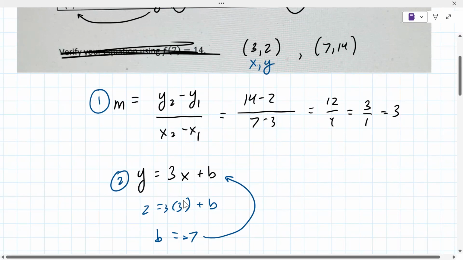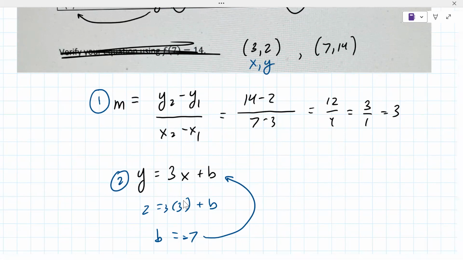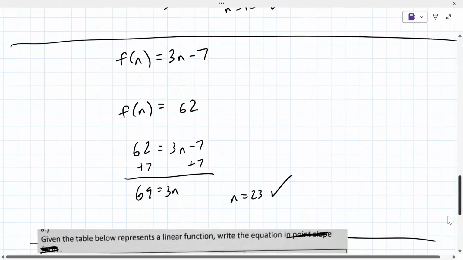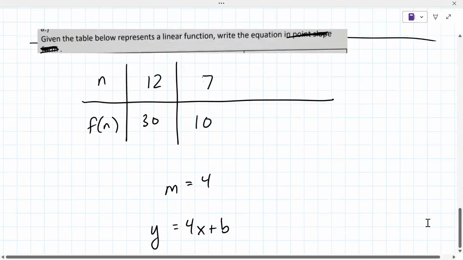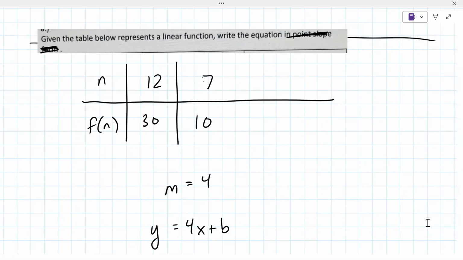Oh, I see. So it'd be 7 equals 4 parentheses 10 plus b. 7 equals 4 parentheses 10 plus b.